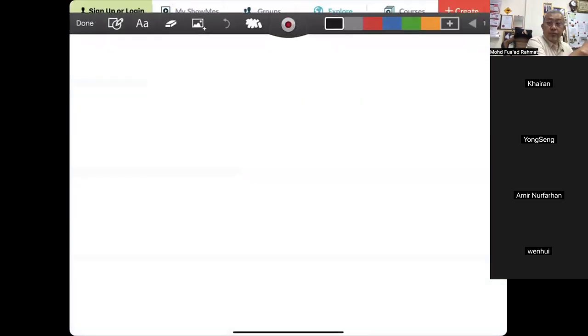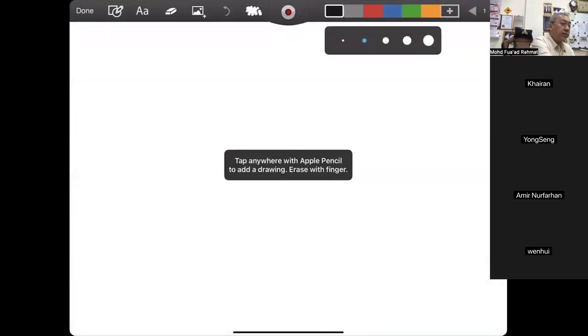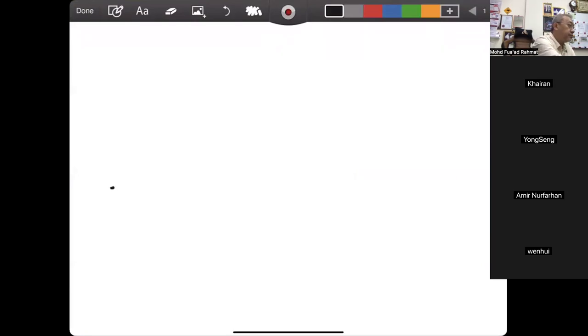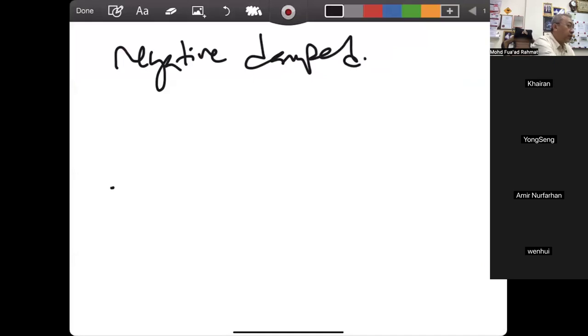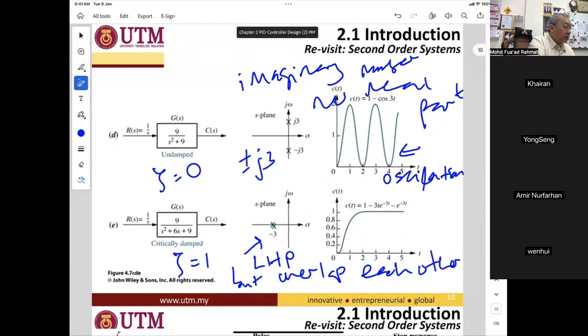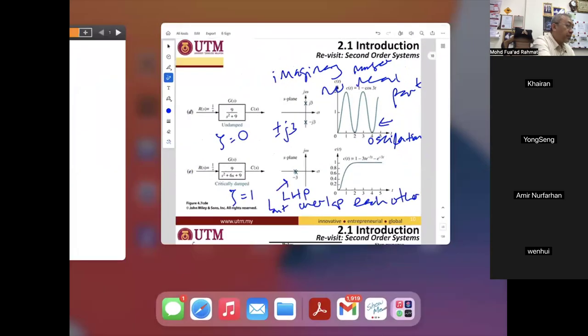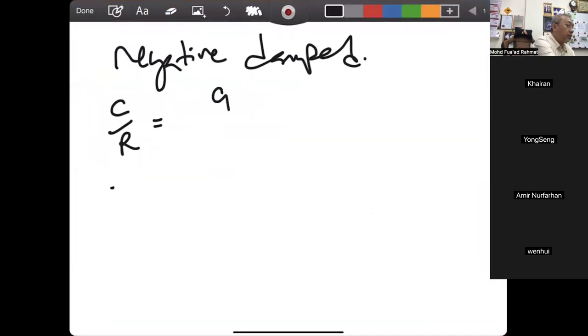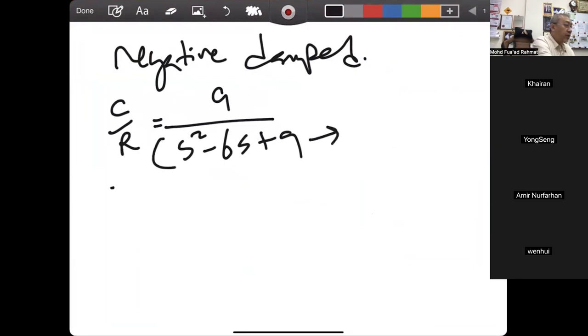Somebody told me negative damping, Amir Nur Farhan. Yes, Amir, Doctor. An example of a transfer function: negative, 9, minus 6s plus 9. So find the roots. Amin or Farhan, find the roots.